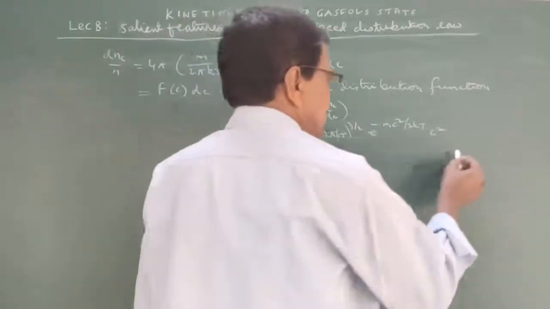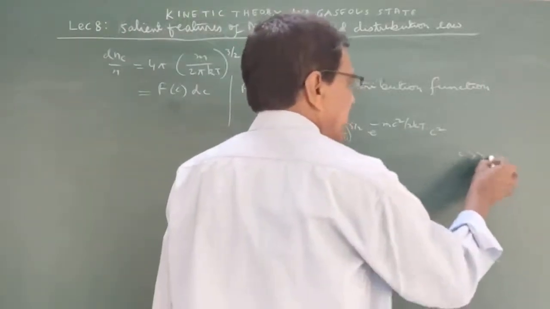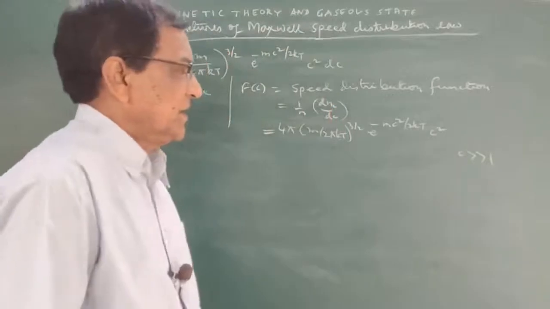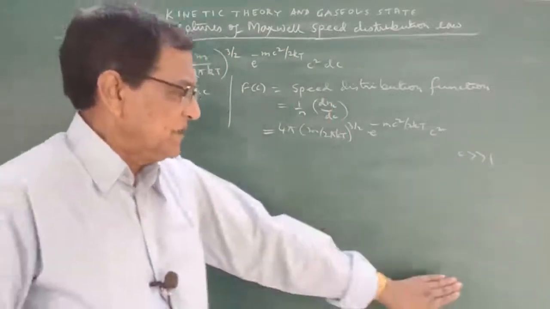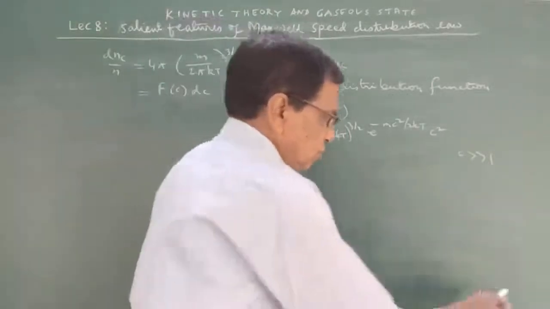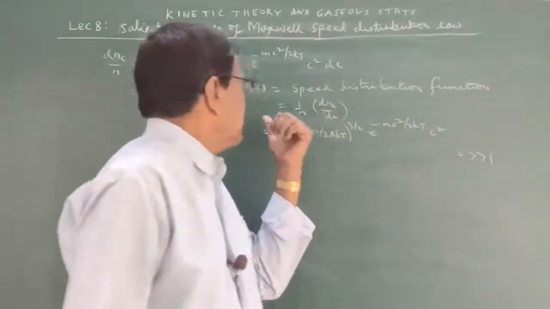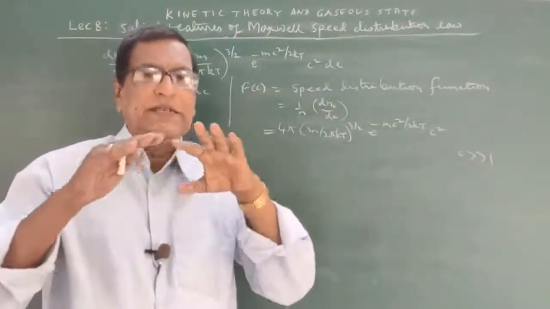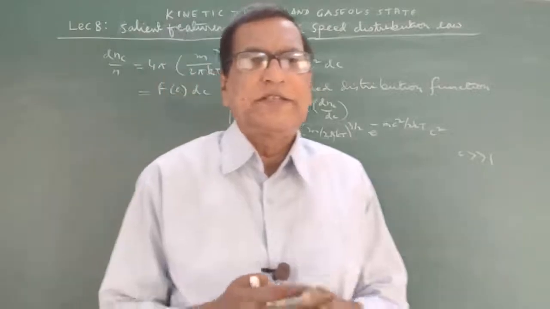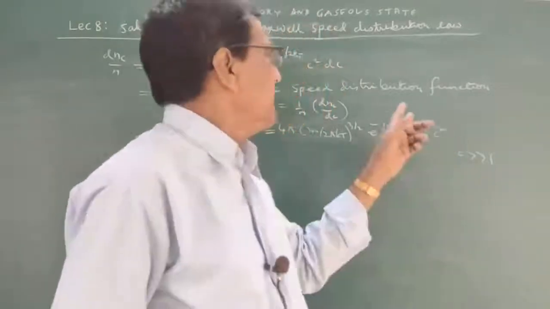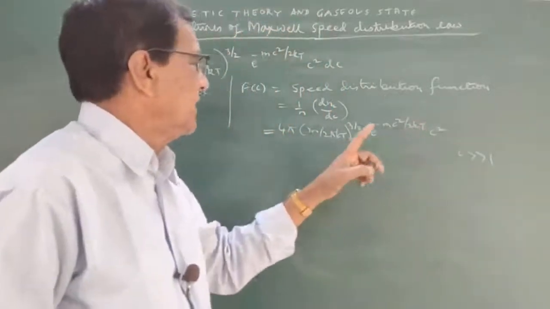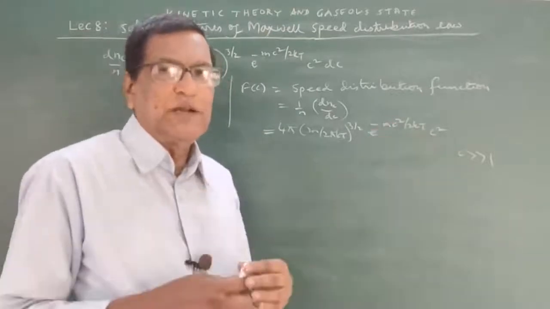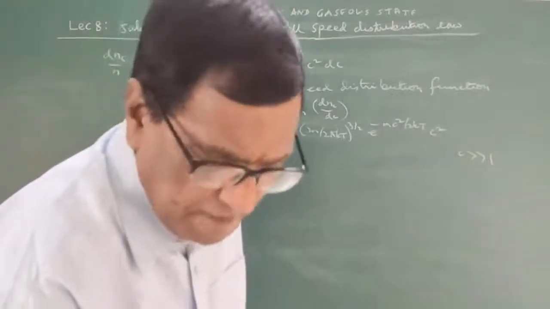Since dc is very small, a unit range, we can define Fc as the fraction of the molecules having the speed c at a temperature T, where M is the molecular mass of this gas.